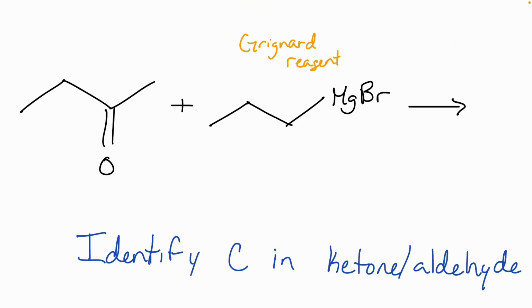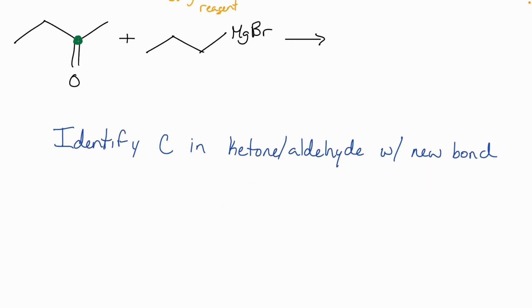What do we call that carbon? It's got a special name because of the type of bond it's in. Carbonyl carbon, right? So this one right here. So we identify the carbon in our aldehyde or ketone that will have the new bond. That is our carbonyl carbon.